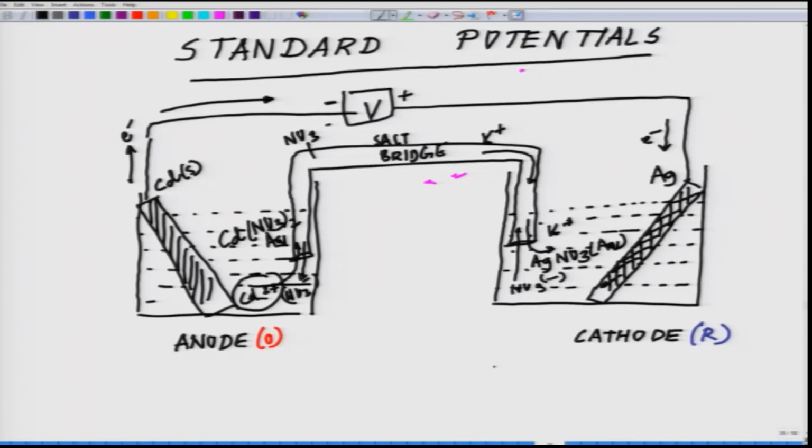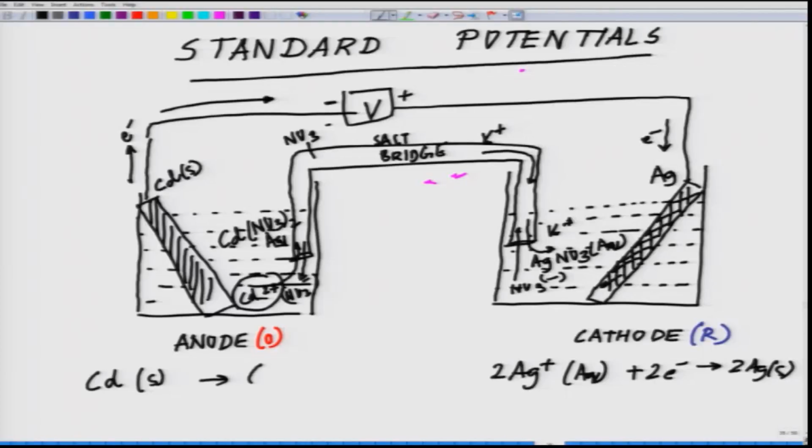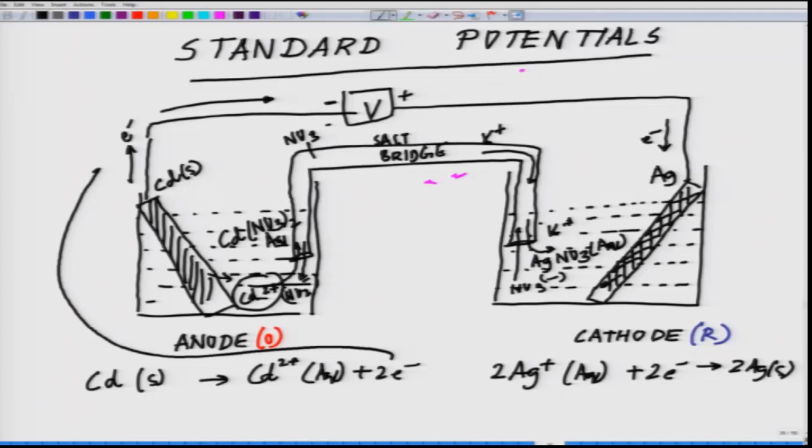If you remember the reaction we talked about: 2 Ag+ in aqueous solution plus 2 electrons making 2 Ag solid, whereas on the cadmium side you have solid cadmium making Cd2+ in aqueous solution. As you can see, the Cd2+ comes into the aqueous solution, and in that process it liberates electrons, and these are the electrons which get carried.